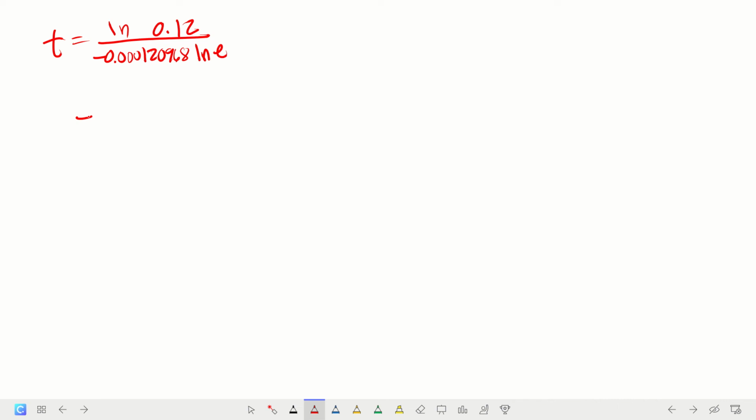So plug this in your calculator, so you'll see that the answers would be the same. So natural logarithm of 0.12, then divided by negative 0.000120968 ln of e.